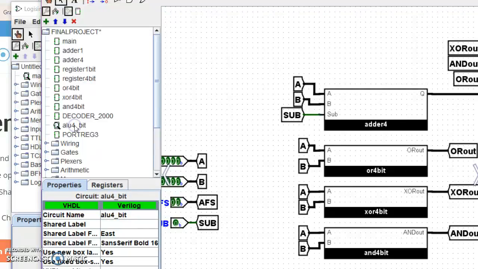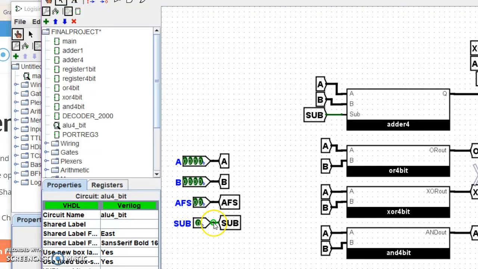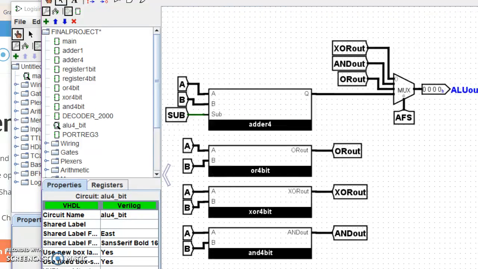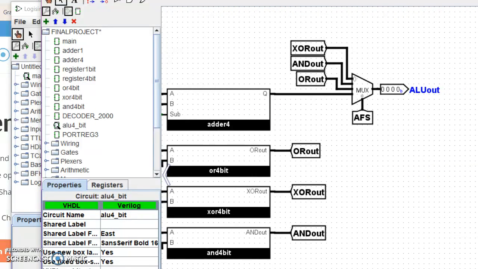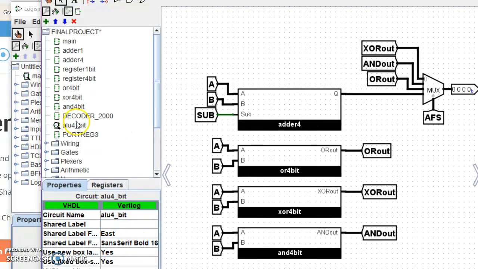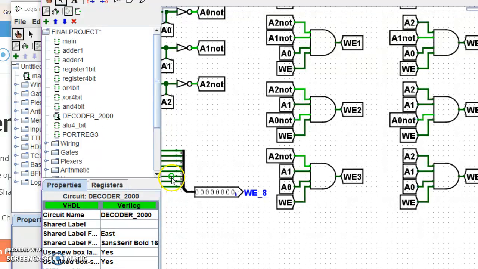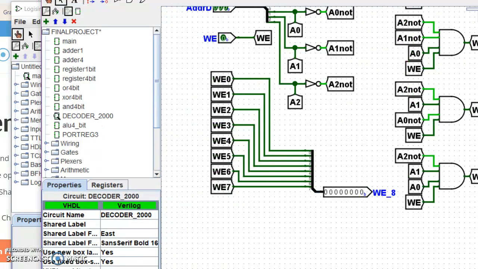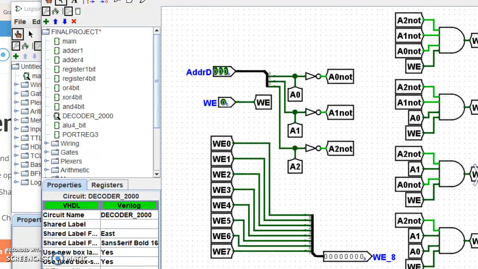Okay, here's part of my subtraction. We had this part for my sub. It was connected to my sub input there, and this is my ALU.